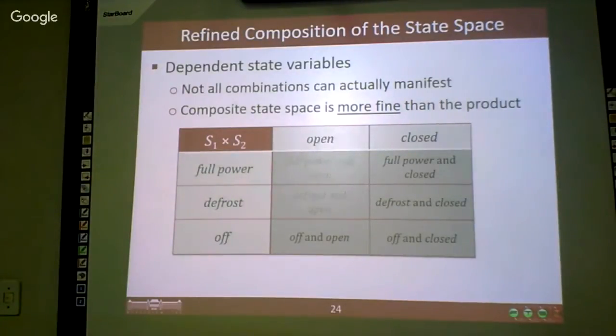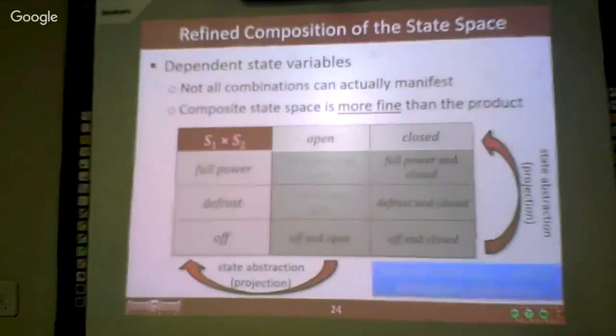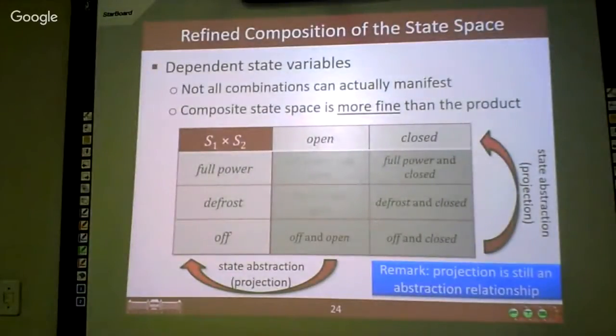So for example, as I mentioned, it cannot happen that the microwave oven is going on full power and the door is open, because it is very, very dangerous. So we eliminated these two states that are dangerous, because here we know that the door is open, so we cannot be in full power and defrost mode.